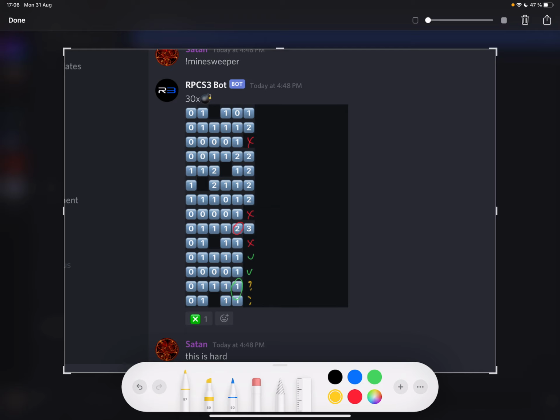about this position? This one means there is a mine here. And this one and this 2 is touching a mine here and a mine either here or there. So there is no mine here.